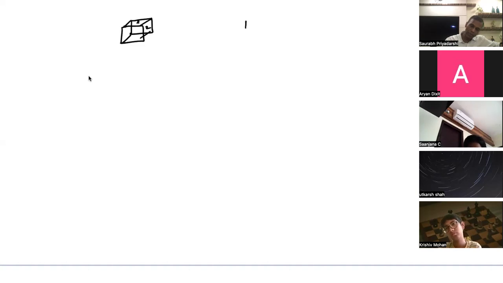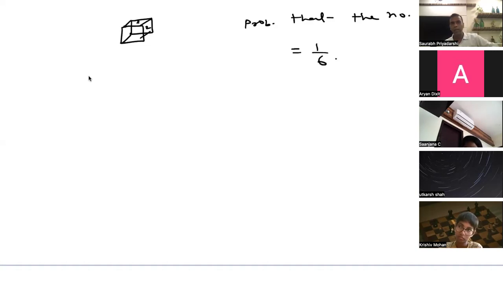What is the probability that the number is 6? All we know, this is 1 by 6, right? What is the meaning of this 1 by 6?